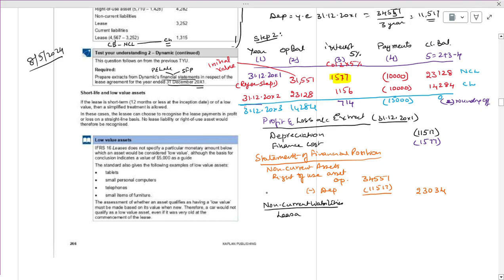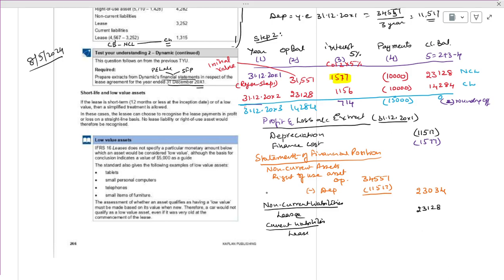How much have we shown for lease in the non-current liability? 23,128. Whereas in the current liabilities, how much have we shown for lease? 14284.